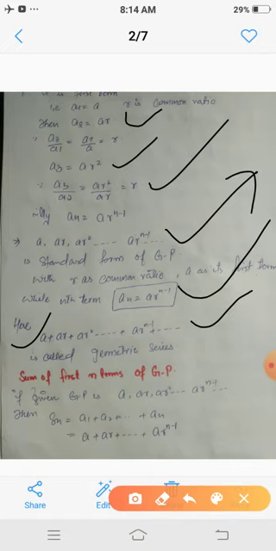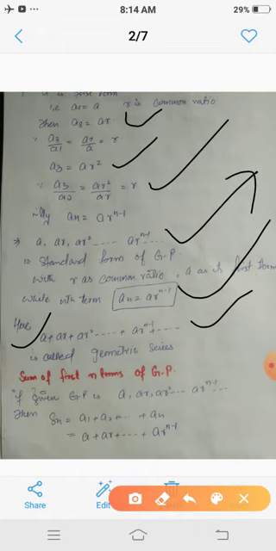Now how do we find the sum of the first n terms of this GP? If the given GP is a, ar, ar square and so on to ar^(n-1), whether finite or infinite depends upon the number of terms, then Sn, the sum of the first n terms, is a1 plus a2 and so on to an.